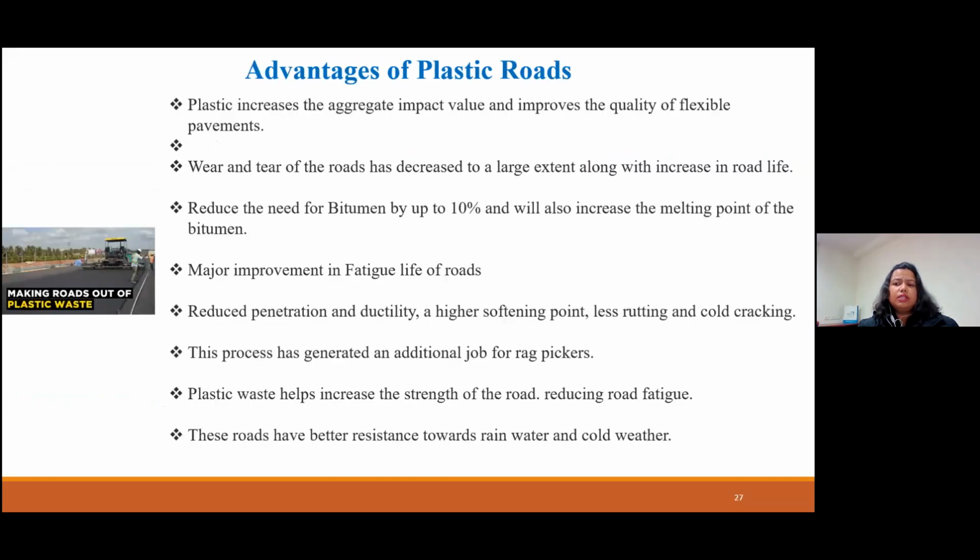I've already discussed all these advantages and disadvantages, just to give a little revision on them.